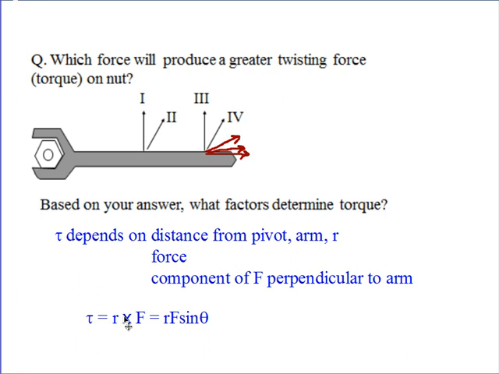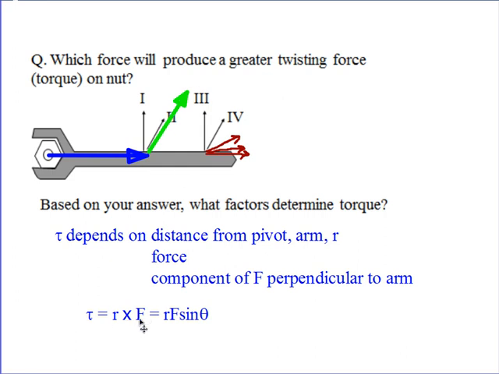And here is the equation. That torque is equal to the cross product. Oh my. That the arm, a vector from the pivot out to where the force acts, it does have direction. That arm is a vector quantity. And then the force, also a vector quantity.